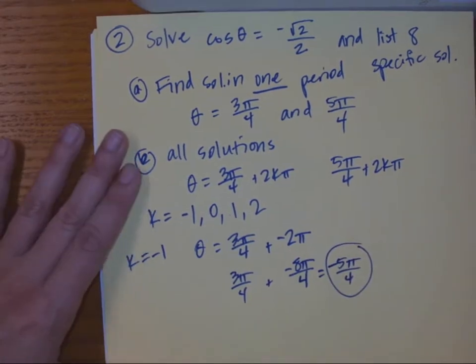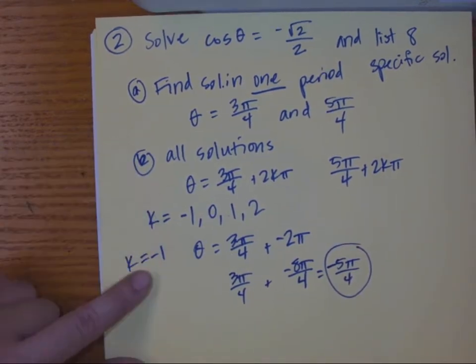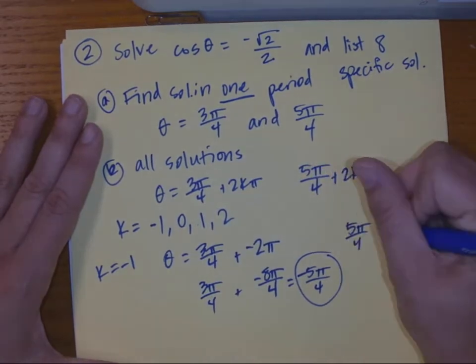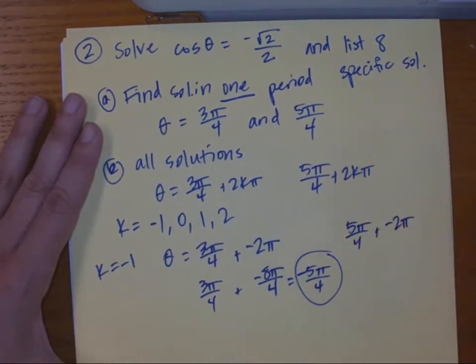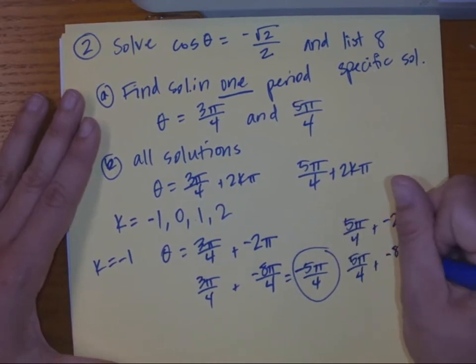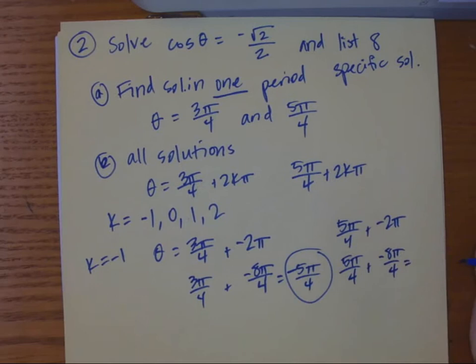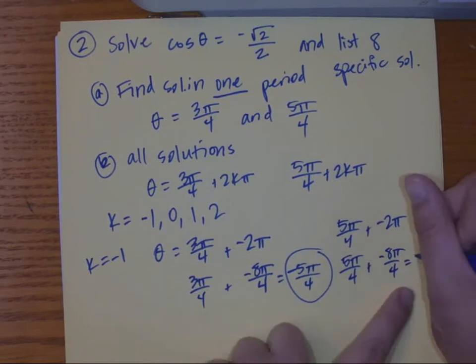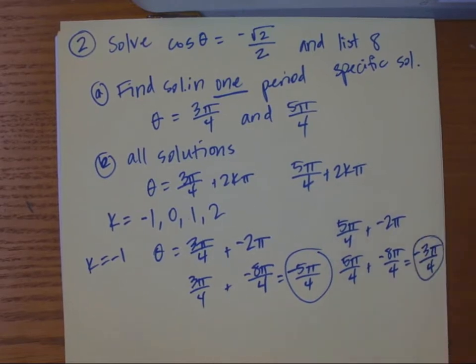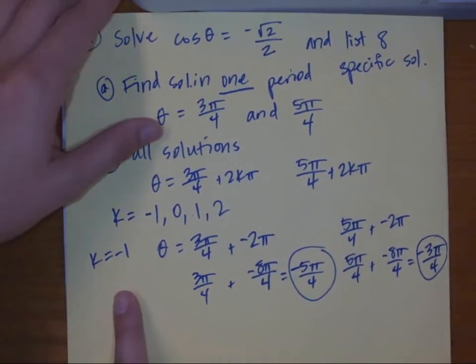And that's one answer. If I plug in k equals negative 1 here, 5 pi over 4 plus negative 2 pi, same thing as 5 pi over 4 plus negative 8 pi over 4, gives me negative 3 pi over 4. So that's a solution also. So there's two solutions when k equals negative 1.